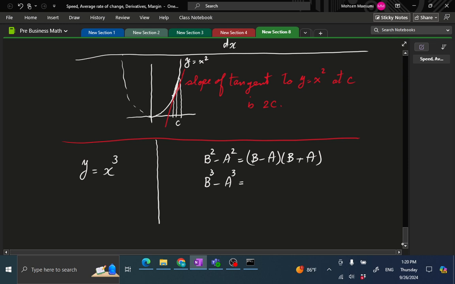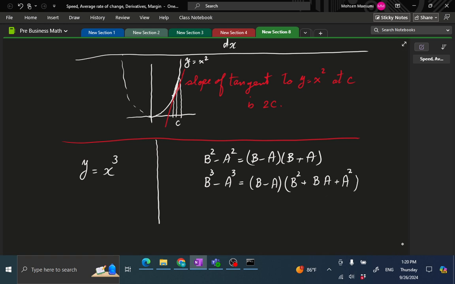If not, let's go practice it. This factor is always the same, b minus a. The other factor starts becoming bigger and bigger. This becomes b squared plus ba plus a squared. The second factor, the big one, so we have like a short one and a long tall one, starts to form up.